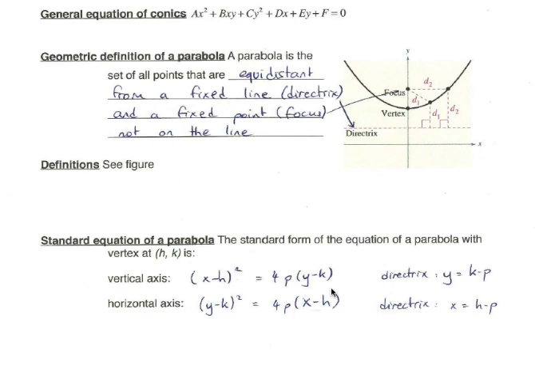We will see in more detail what h, p, and k can be used for, but (h, k) is the vertex. Now, if a parabola is horizontal, it opens left or right, then the standard form of the equation is (y minus k) squared equals 4p times (x minus h).